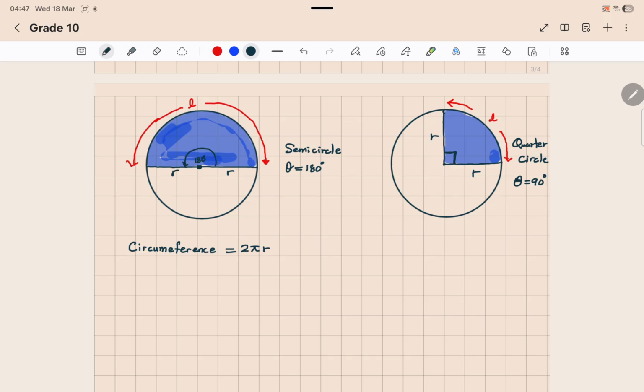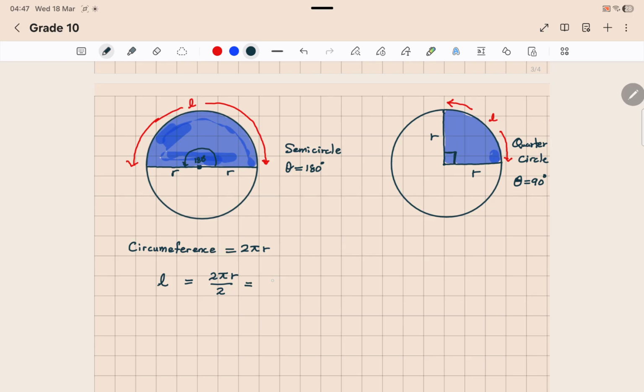A semicircle is half of that. So this length L for a semicircle is half the circumference of a circle.